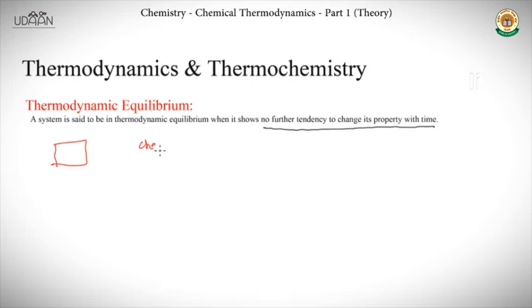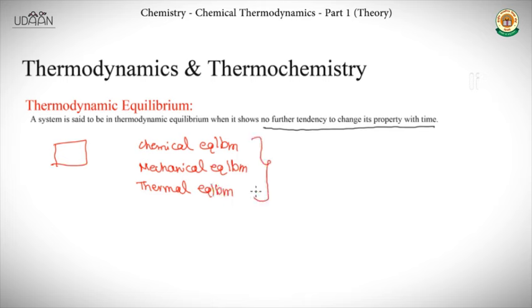One, chemical equilibrium. Two, mechanical equilibrium. And three, thermal equilibrium. If the system is in a combination of these three equilibriums, then we can tell that it is in a thermodynamic equilibrium state.